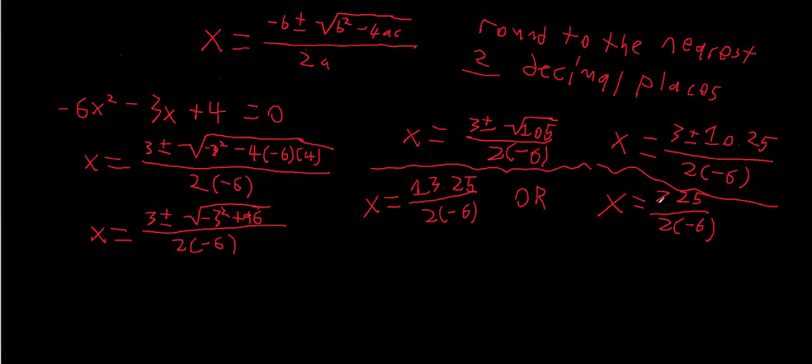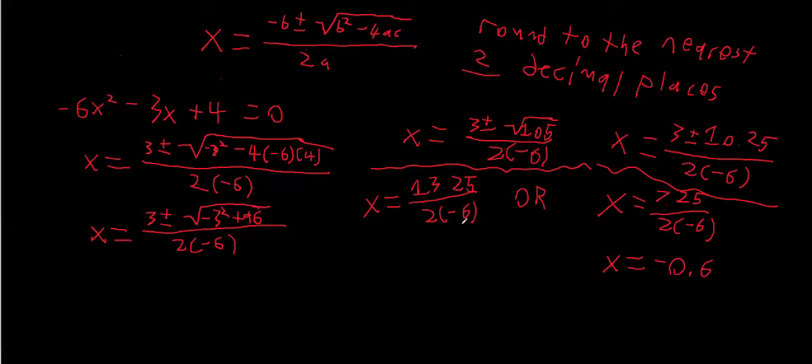Since it's already up on my calculator, we'll start with this one over here. So 7.25 divided by negative 12 would give you negative 0.60416667. So basically it's just 0.6. So x equals negative 0.6 over there.